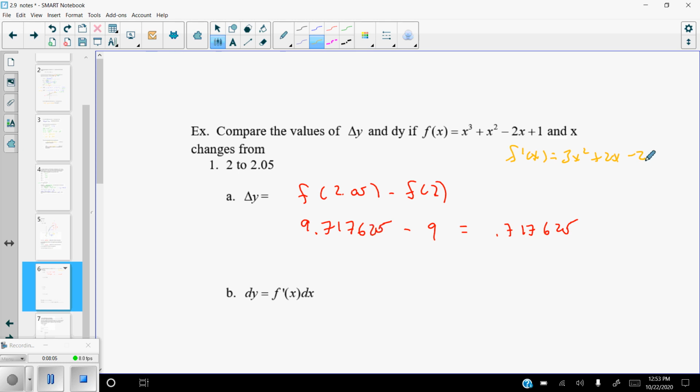Okay, so my dy is going to be, now I do need to evaluate it at the known value, the easy one, the 2. In this case, that's kind of the starting point. That would be that blue point in the graph that was on the previous page. So I need to evaluate f prime at 2.